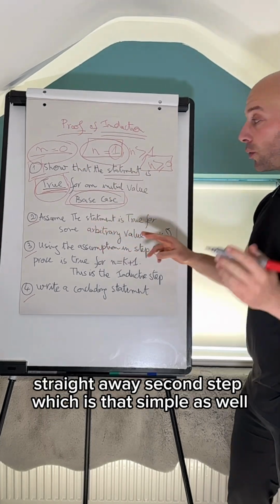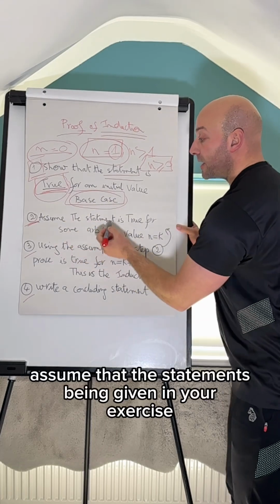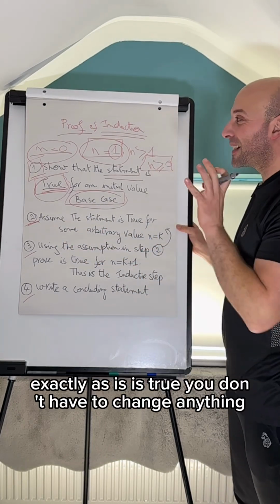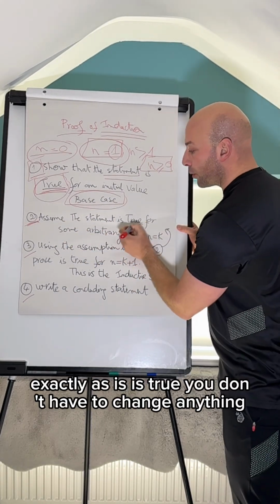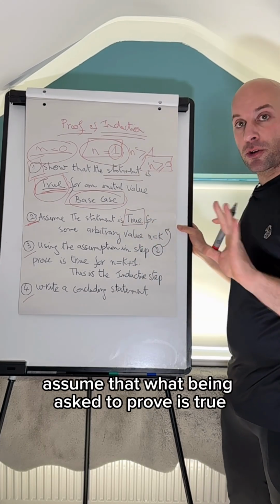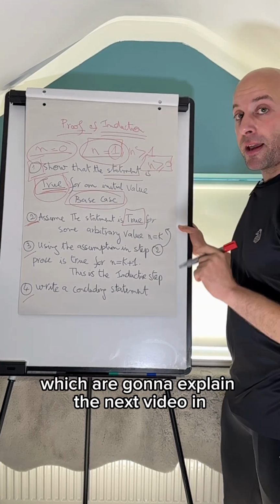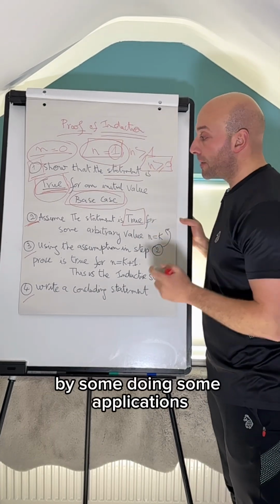Second step, which is that simple as well: assume that the statement given in your exercise, exactly as it is, is true. You don't have to change anything. Assume that what you've been asked to prove is true. That's all. You have to write it this way, which I'm going to explain in the next video by doing some applications.